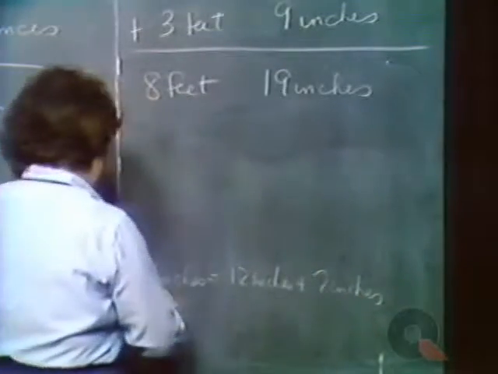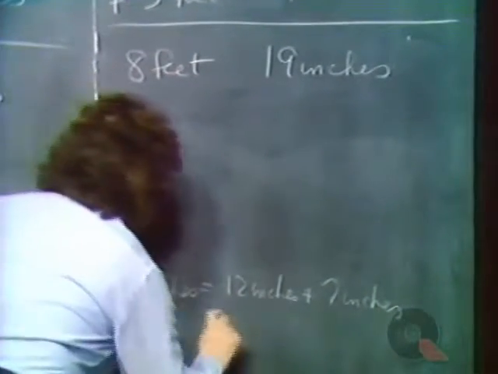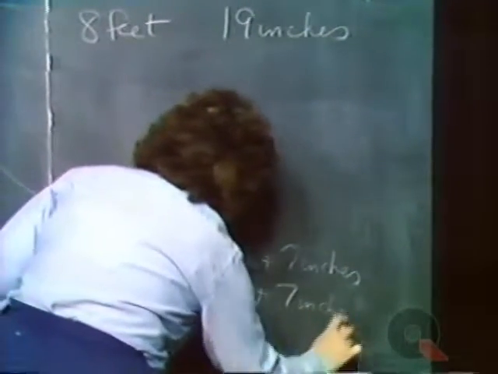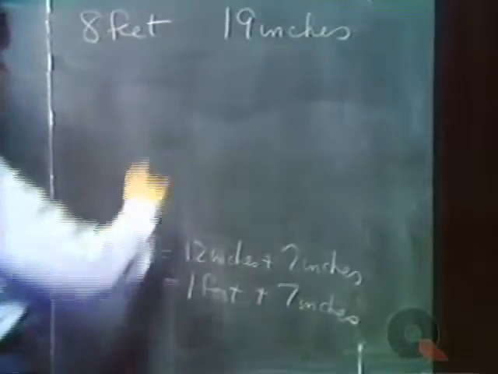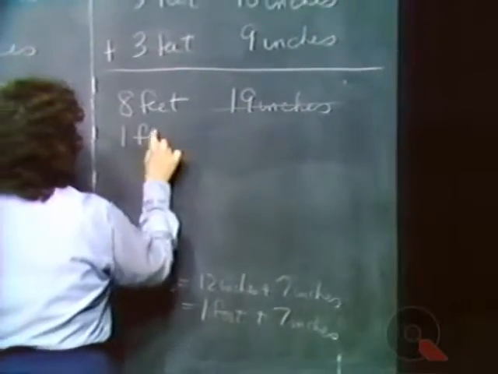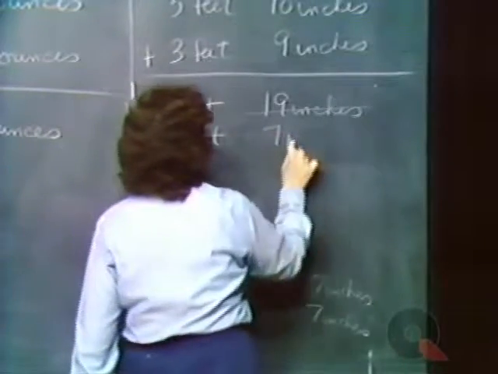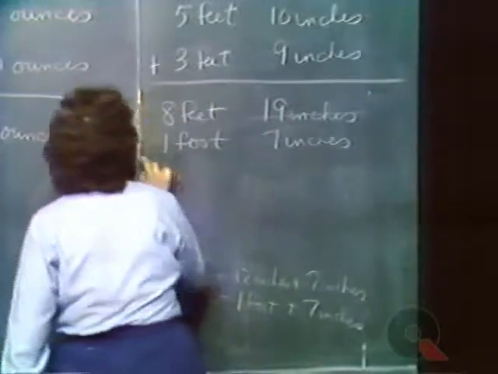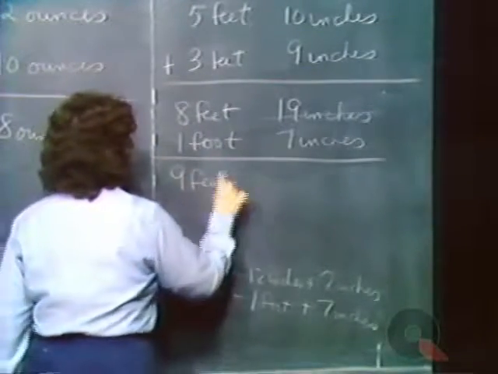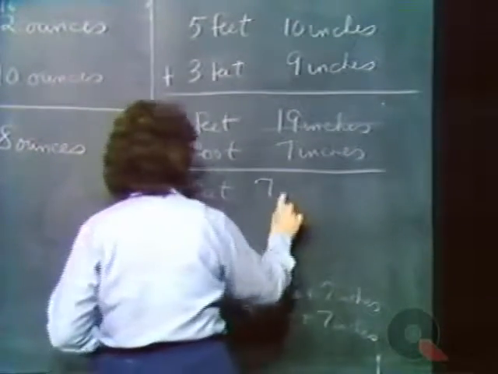In other words, 19 inches is really 1 foot plus 7 inches. So instead of the 19 inches, I will rewrite that as 1 foot, 7 inches. And now we will see that our final answer is then 9 feet, 7 inches.